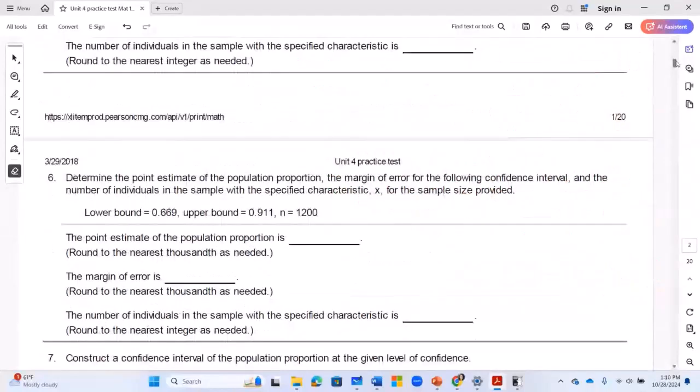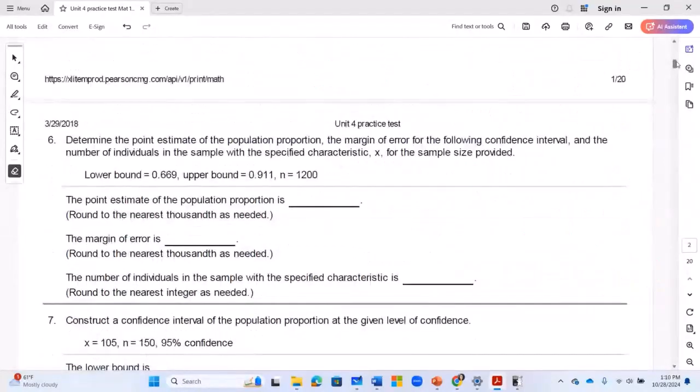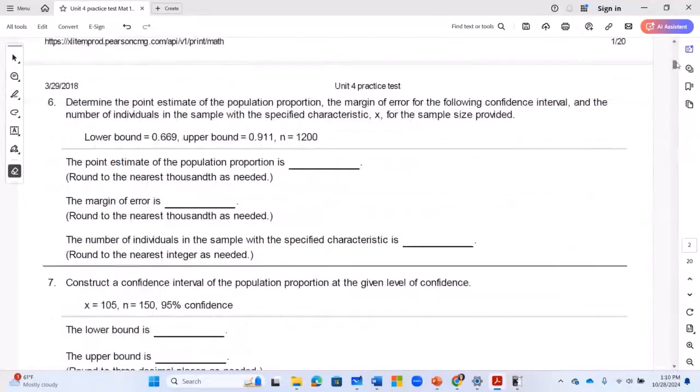Determine the point estimate again. For number 6, they say determine the point estimate of the population proportion, the margin of error for the following confidence interval, and the number of individuals in the sample. And by the way, we can find the number of individuals.